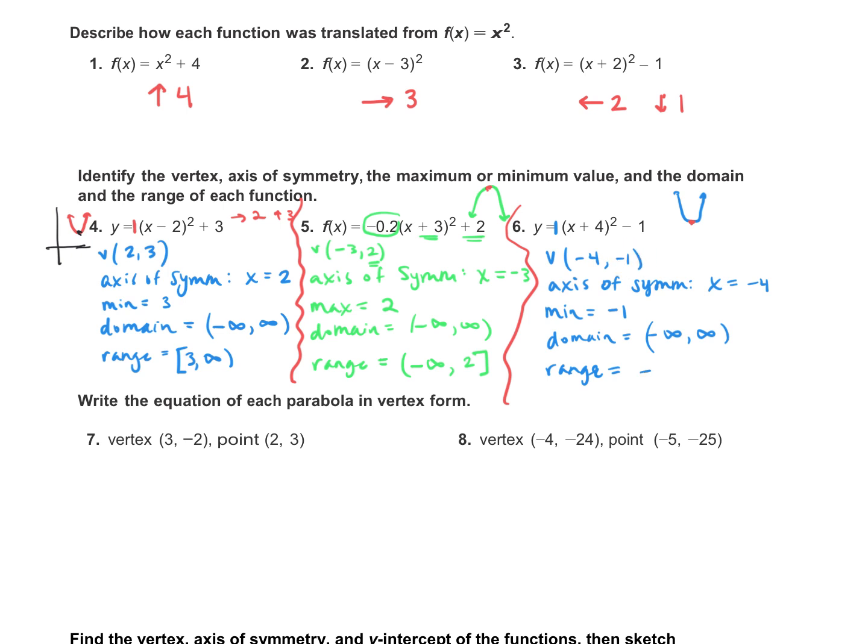So that's our minimum part of our range. And then how high is it going? Well, it's just going to continue forever to positive infinity. Parentheses with infinity, bracket with the -1, because -1 is part of the range.